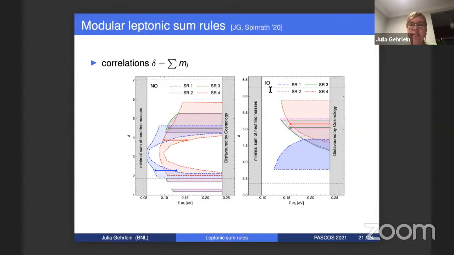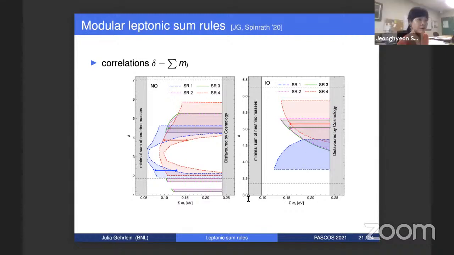So for inverted ordering, as you can see here, the dashed lines are the current 3 sigma regions for delta from the global fits. So you see that currently delta equal to pi is, for example, not favored by the global fits.